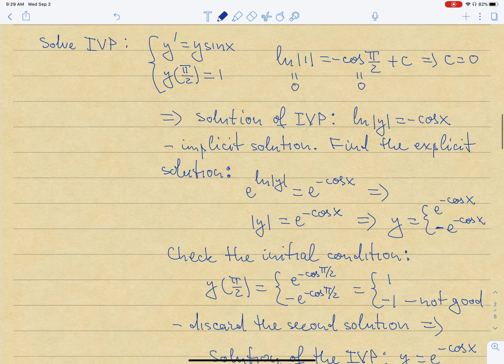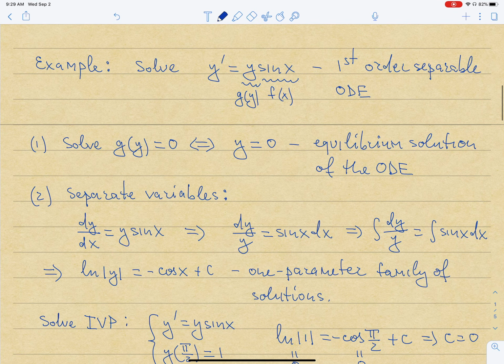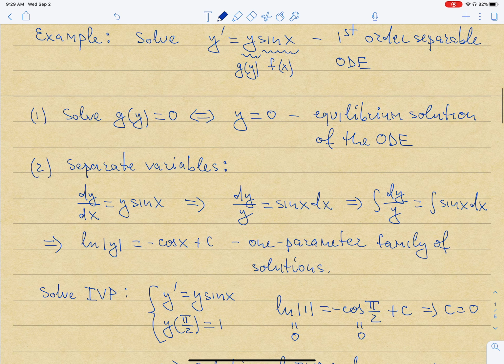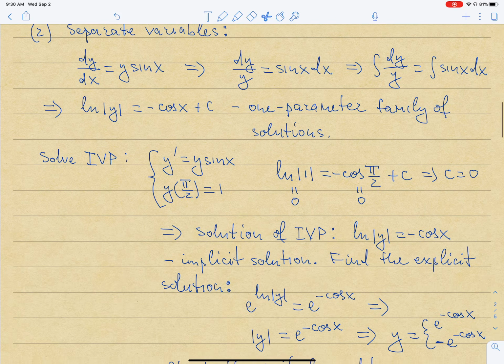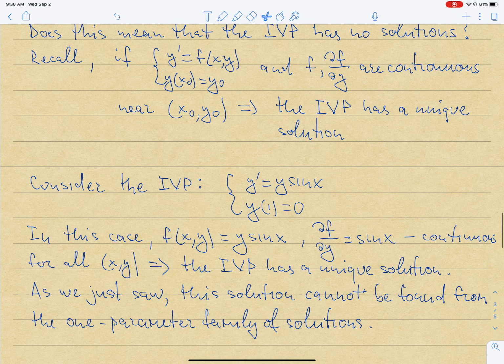Well, remember that actually our solution procedure consisted of two steps, right? One was to separate variables like we did. And the second step was we found equilibrium solutions. What is the equilibrium solution in this case? It's y equal to 0. And let's check.